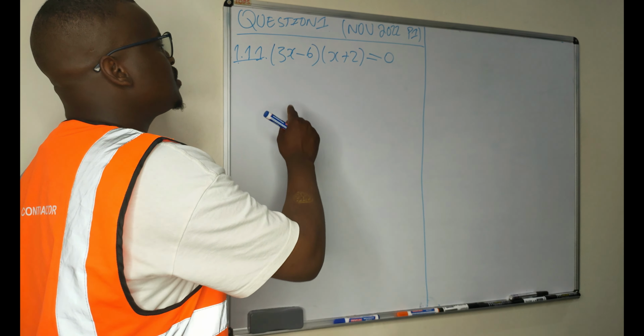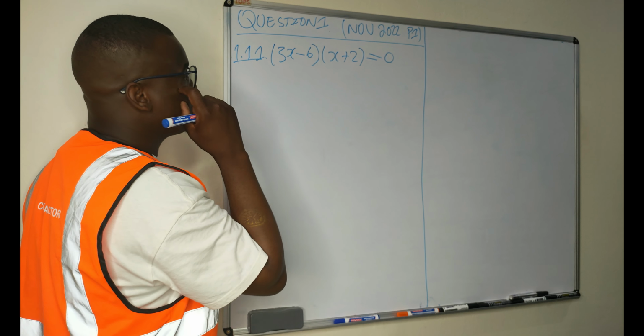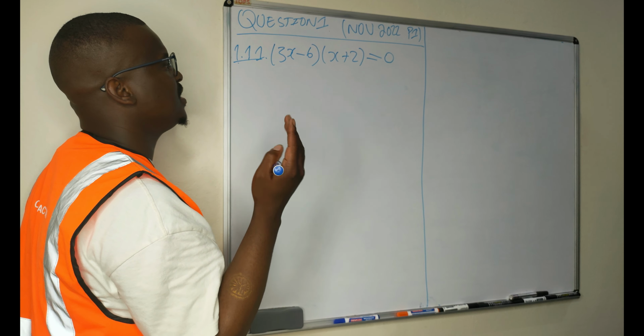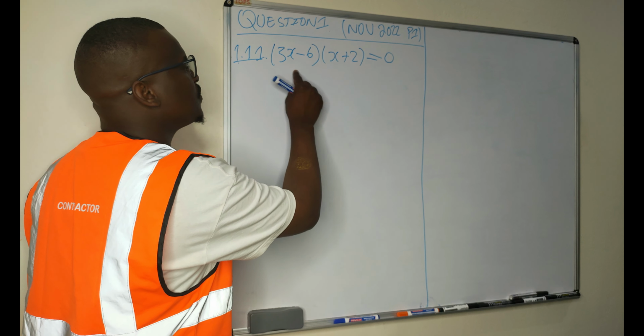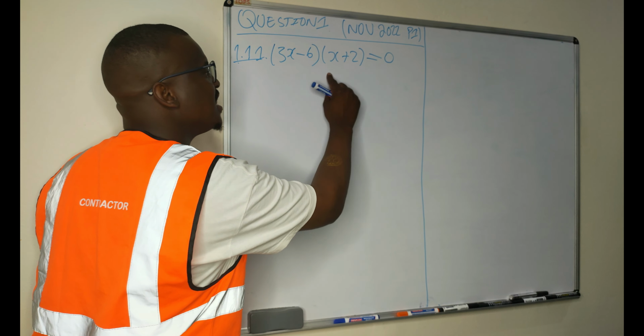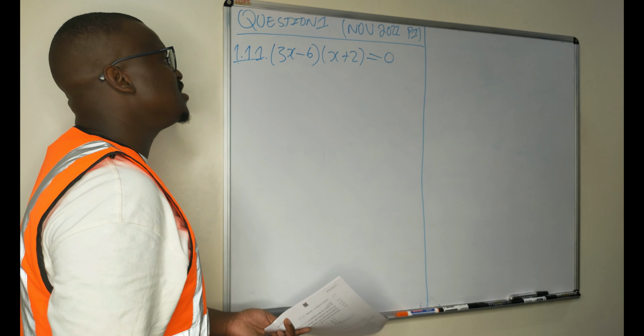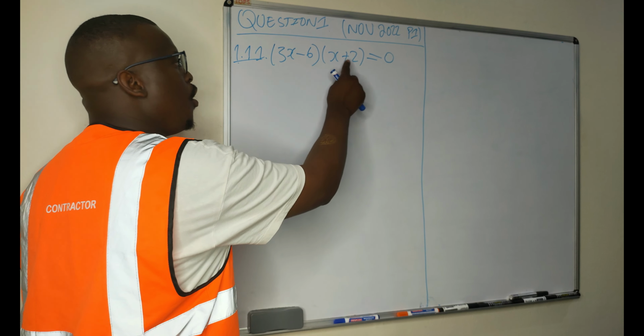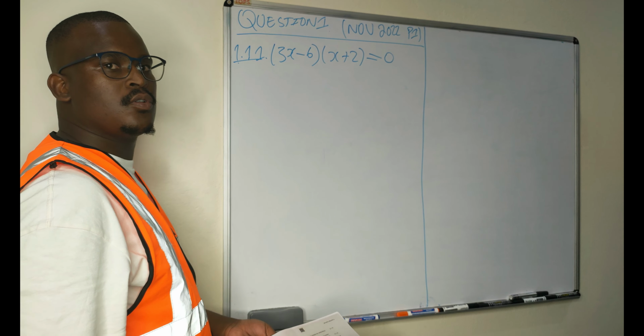Now what this equation is telling you, I'm repeating this many times, is that the product of this bracket and that bracket is 0. So either this bracket is equal to 0 or that one is equal to 0. So you say, okay, 3x minus 6 is equal to 0 or x plus 2 is equal to 0.